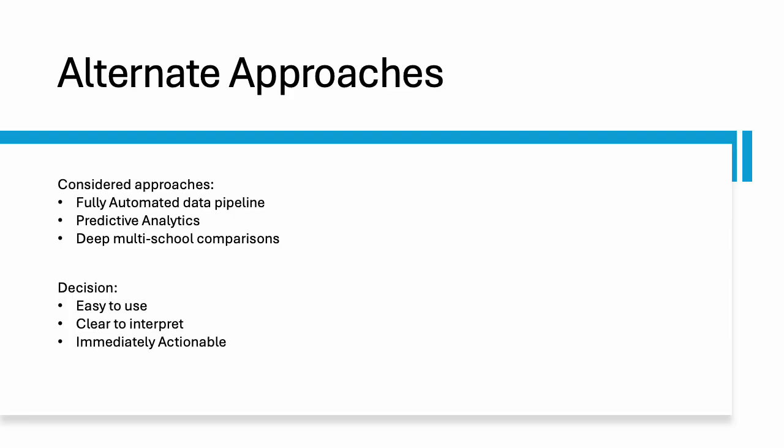However, I wanted to make this app easy to use and clear to interpret, and this allows us to make it immediately actionable. So I wanted to prioritize something simple, clear, and immediately actionable to deliver value quickly.